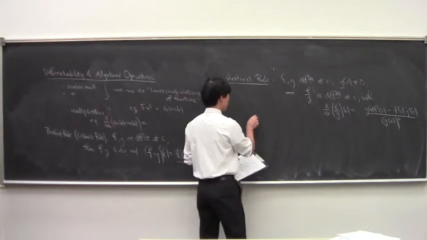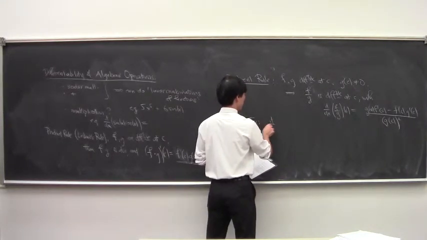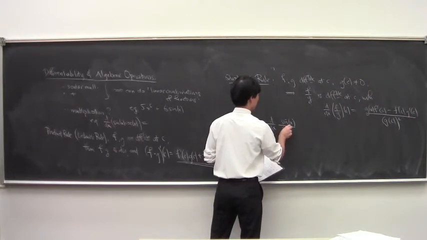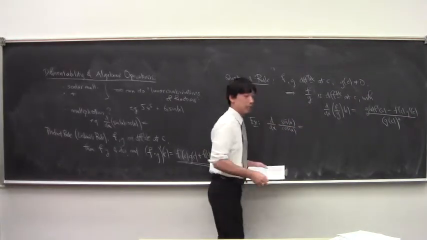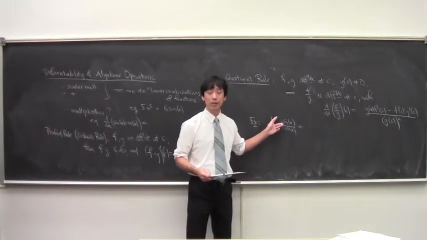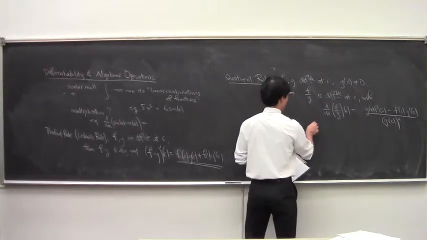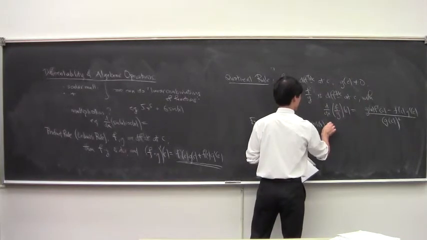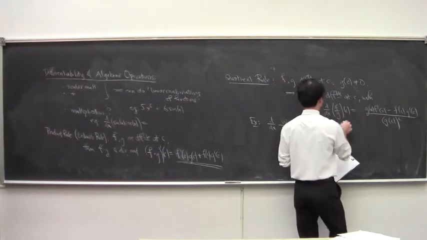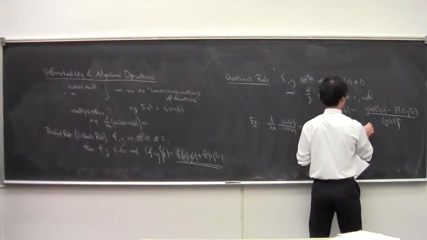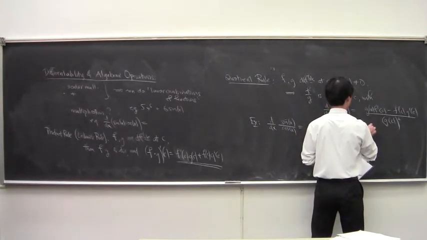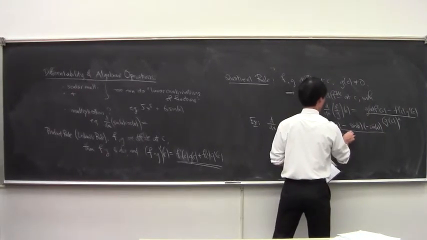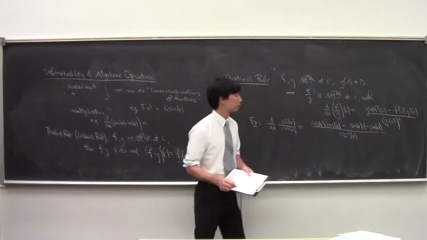So to make this concrete, if I take the derivative of the tangent function, right, the derivative of the tangent is a quotient. And so we end up with the bottom times the derivative of the top minus the top times the derivative of the bottom over the bottom squared.